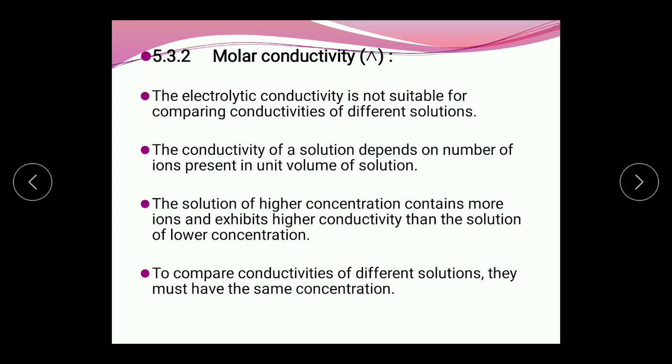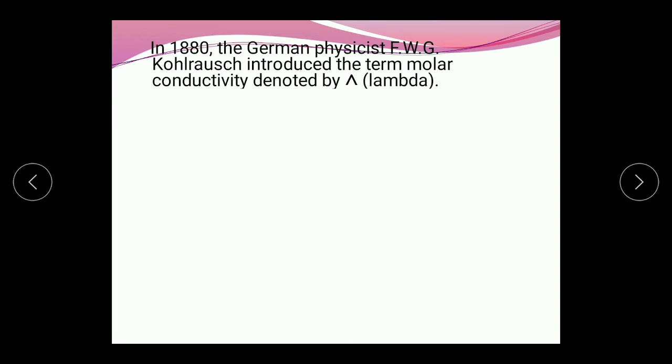For that, a new concept came, and that is molar conductivity, which was given by the German physicist F.W.G. Kohlrausch in 1880. He introduced this term molar conductivity, which is denoted by lambda, and he gave one equation for it.